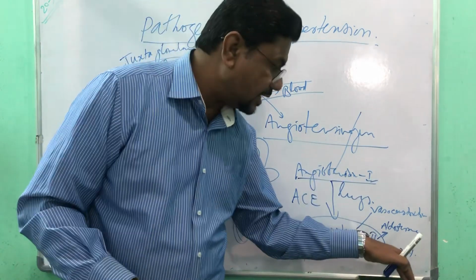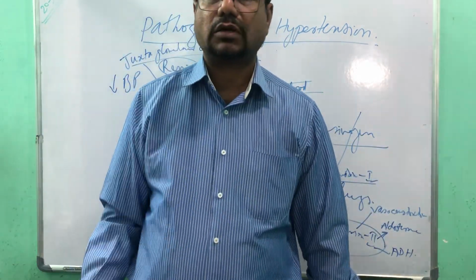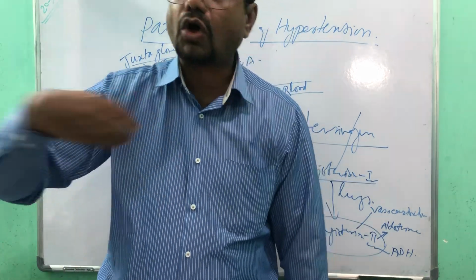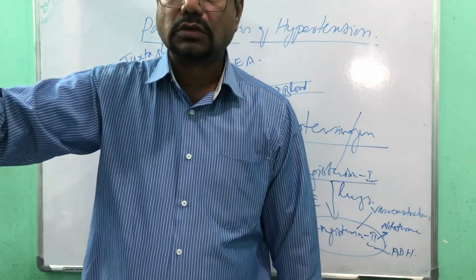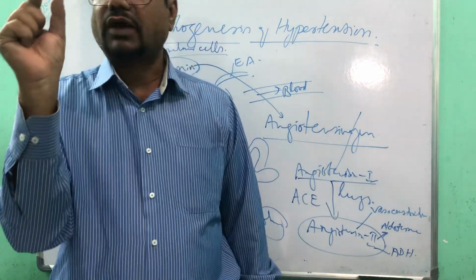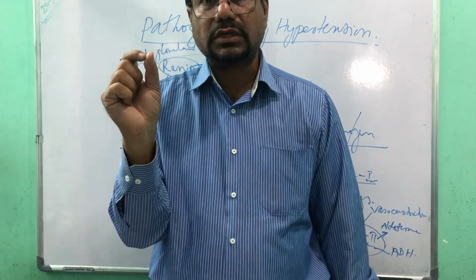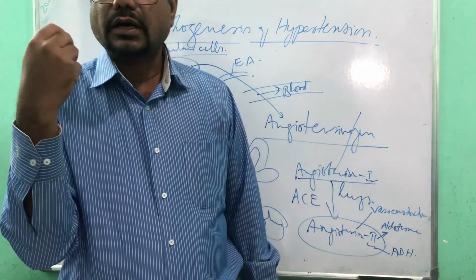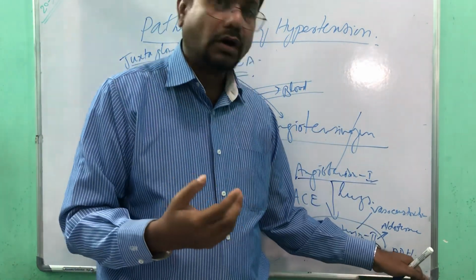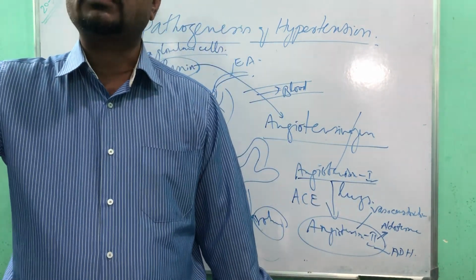Now this is anti-diuretic hormone. This hormone is anti. Anti means what? Against the water loss. So aquaporins are formed, and with those aquaporins, it takes back all the water so that less urine goes out.